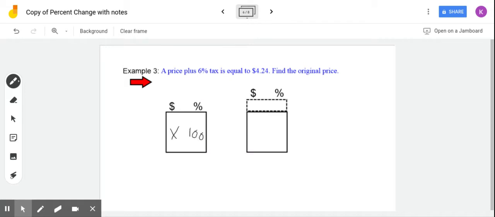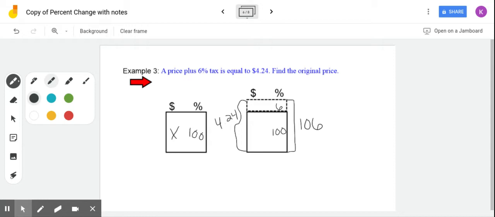So now I know that this whole thing is $4.24. I know that this part is 6% and this part is 100%. So altogether, this is 106%.